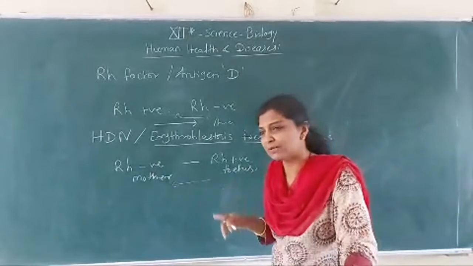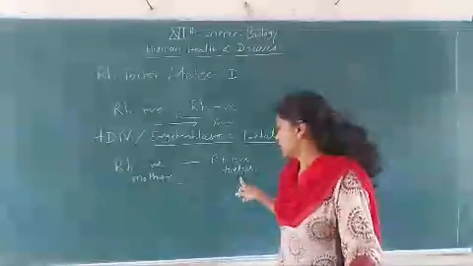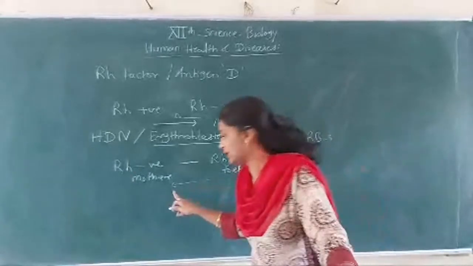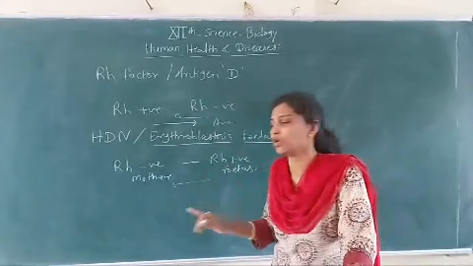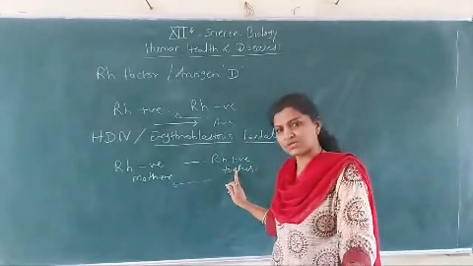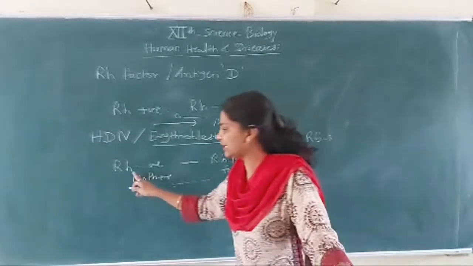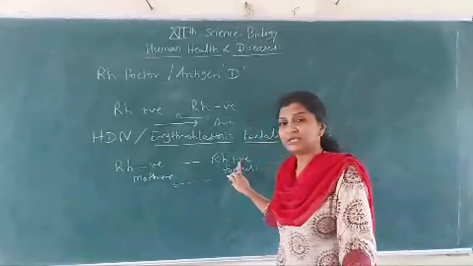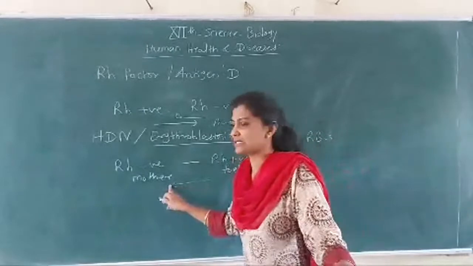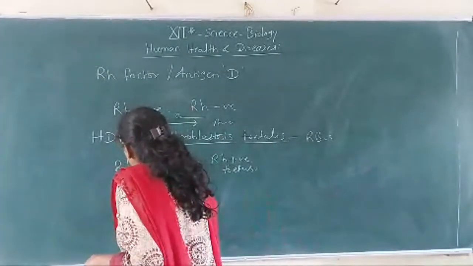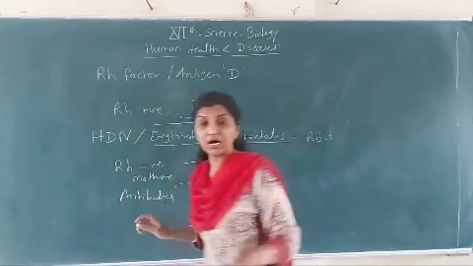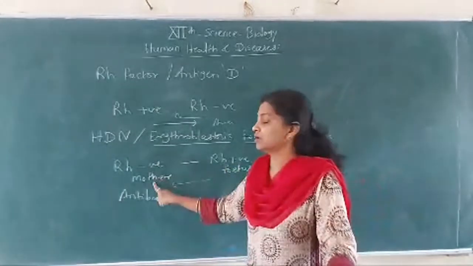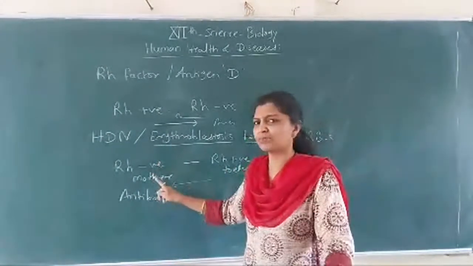During delivery or childbirth, there are chances of mixing of the blood, that is, blood from the fetus may enter the circulation of the mother. If RH positive blood enters the negative circulation, that is in the mother, what will happen? Here there is antigen D. Antibodies against this RH factor or antigen D will be produced in the mother's blood, that is the circulation of the mother's blood.